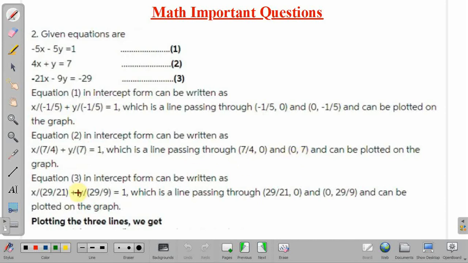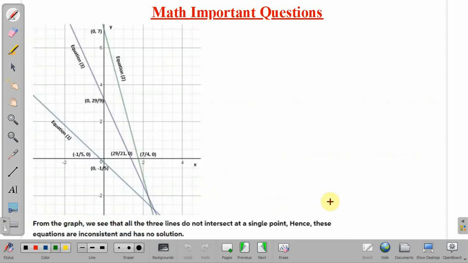And equation 3 in intercept form is written as x divided by 29 by 21 plus y divided by 29 by 9 equal to 1, and it will be a line passing through 29 by 21 comma 0, which is our x intercept, and the y intercept is 0 comma 29 by 9. This can also be plotted on the graph. Plotting all the three lines, we will get a graph like this one.